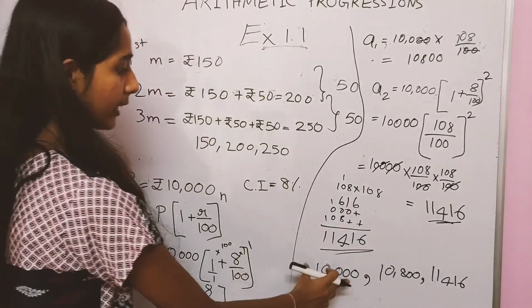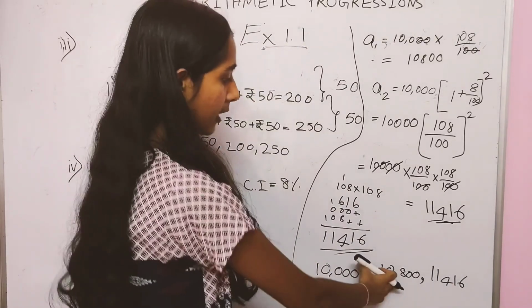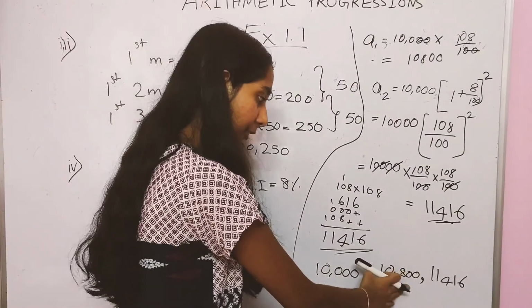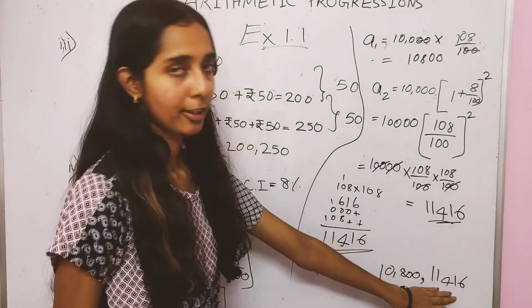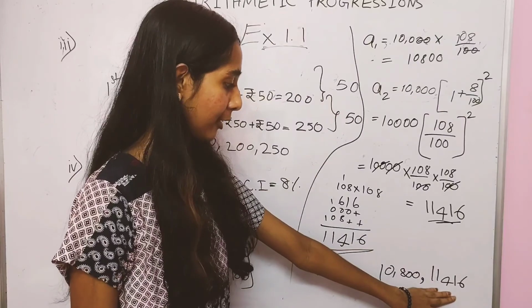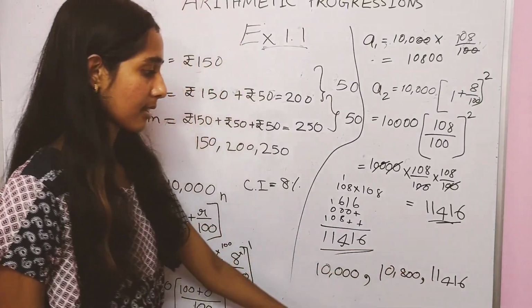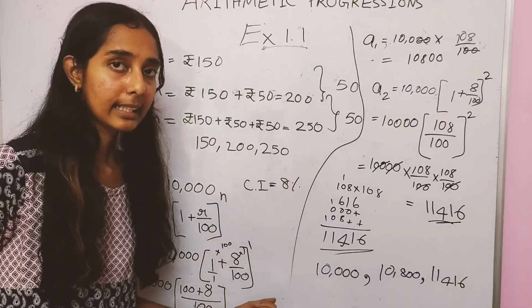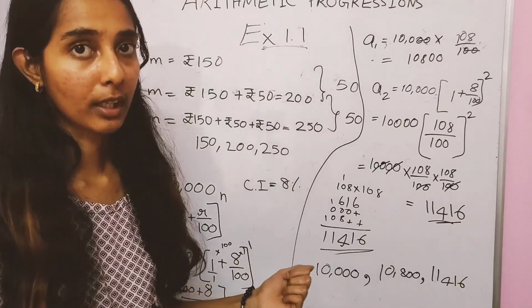The difference between the initial amount and the first year amount is 800. But the difference between the first year amount and the second year amount is not 800. The common difference is not there. That's why this series is not in arithmetic progression.